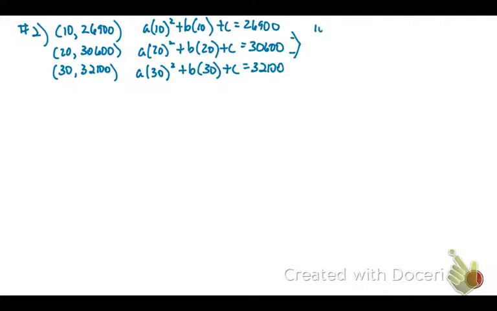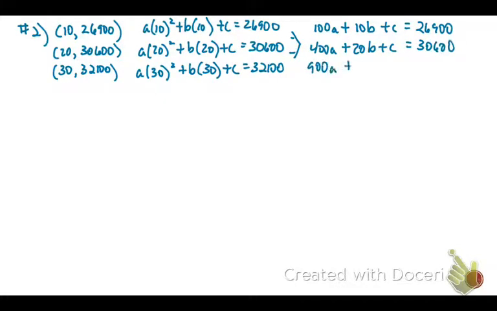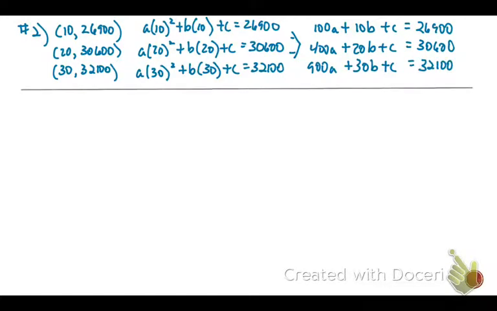In the first equation, we're going to square, so we get 100a plus 10b plus c equals 26,900. 400a plus 20b plus c equals 30,600, and then 900a plus 30b plus c equals 32,100.